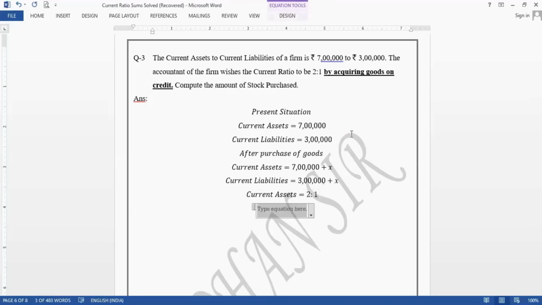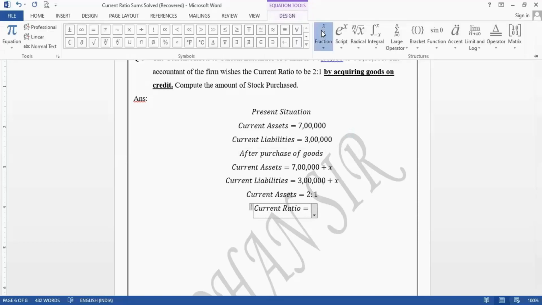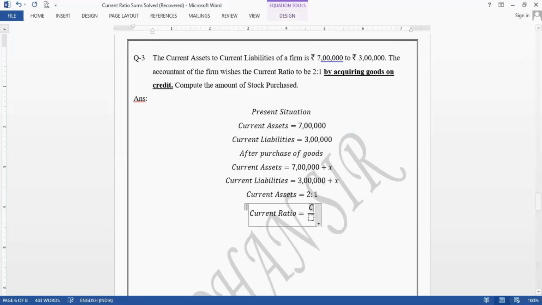Now let us find the amount of goods purchased. The same thing again, we need to apply the formula for current ratio. The formula for current ratio is current assets on current liabilities, right?